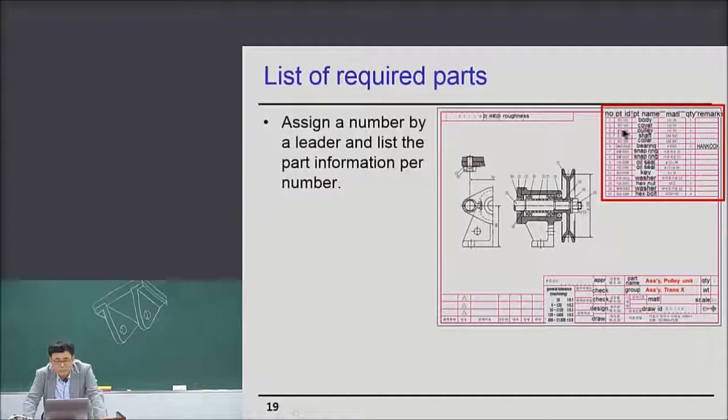And 2 is cover, so 2 is here. Now this is 1 and this is 2. This is a cover. We use 102 and cover and material GC20. So the material for cover is also cast iron. Okay. And number 3 as a pulley, also GC20. So okay. All right.